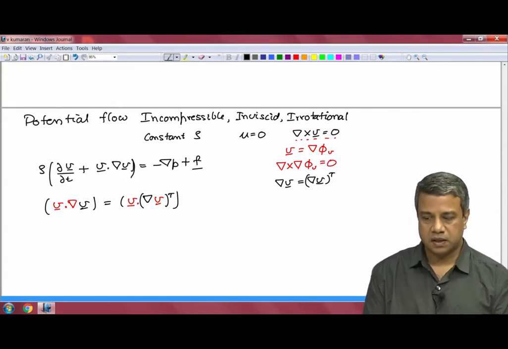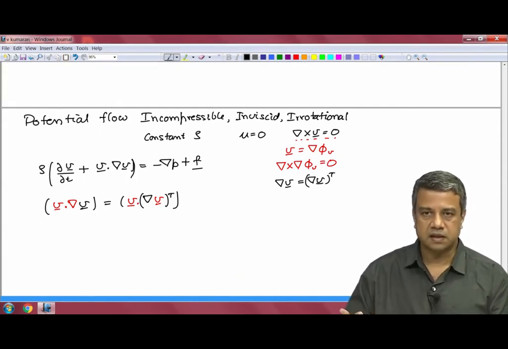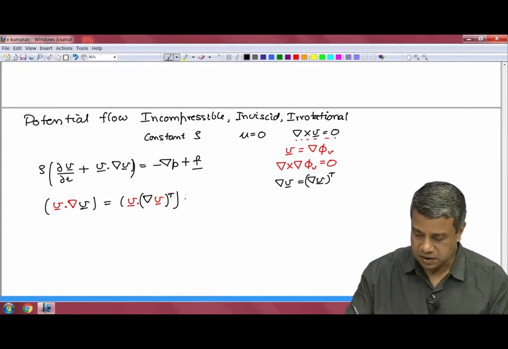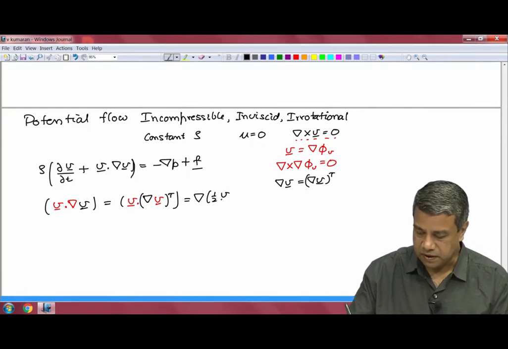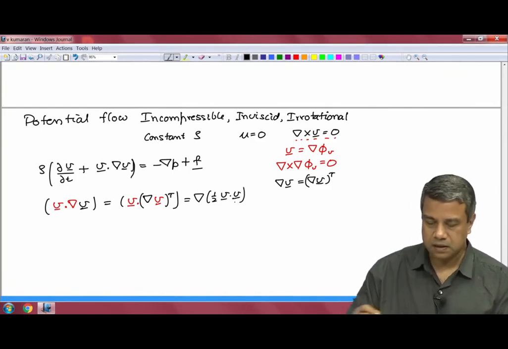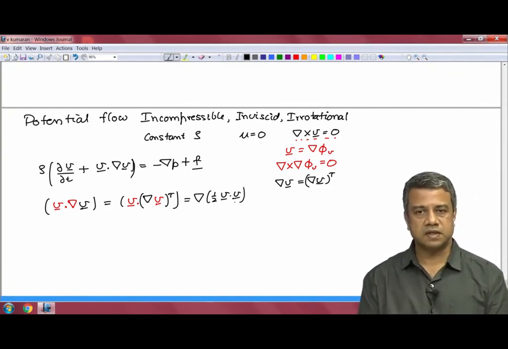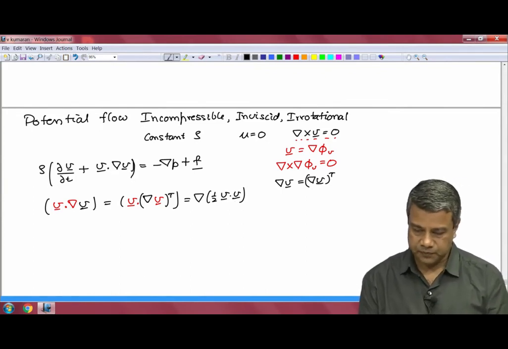And you can show by just expanding this out, I will leave it as an exercise, that this is equal to the gradient of half v dot v, half v square. V dot v is the square of the magnitude of the velocity.